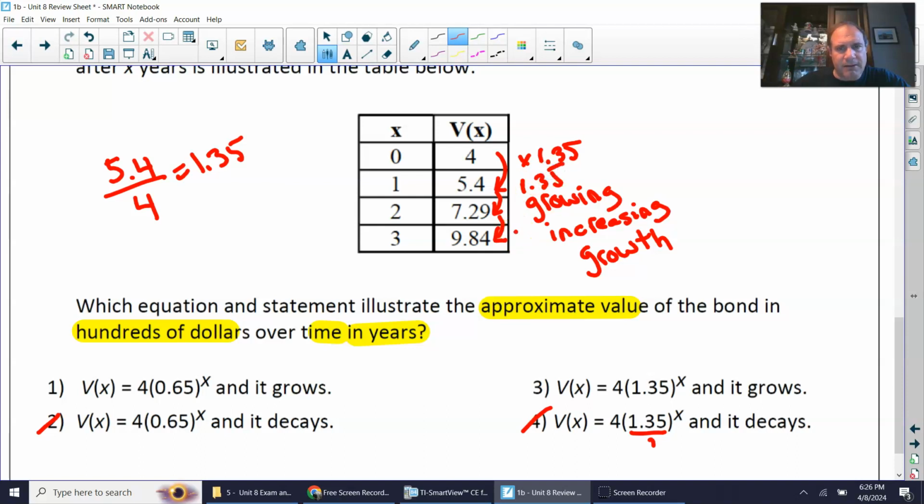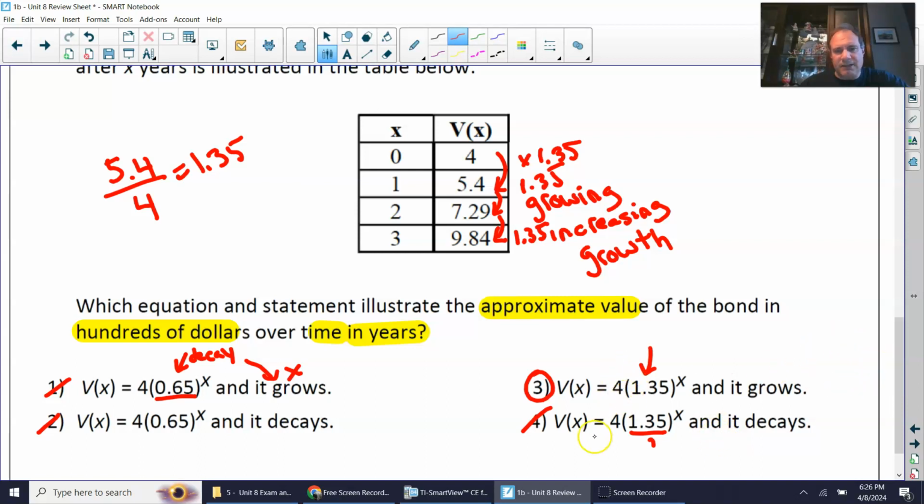It's growing. So this says this, and it's not. This is a decay. It doesn't even match. So that's out. This one is a 1.35. You could see what that is right there, and it grows. So that is your answer.